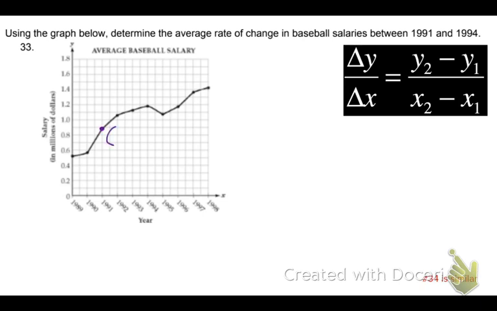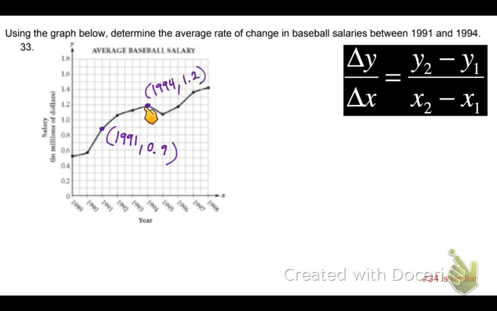If I had to estimate that point, I would say it's 1991, comma, and then probably about, let's just round, I'm going to say 0.9. This is supposed to be a rough approximation, 0.9. For the other one, 1994, follow that point up right about here. I'm going to say that's 1994, comma, it's pretty close to 1.2, so I'm going to just say 1.2.